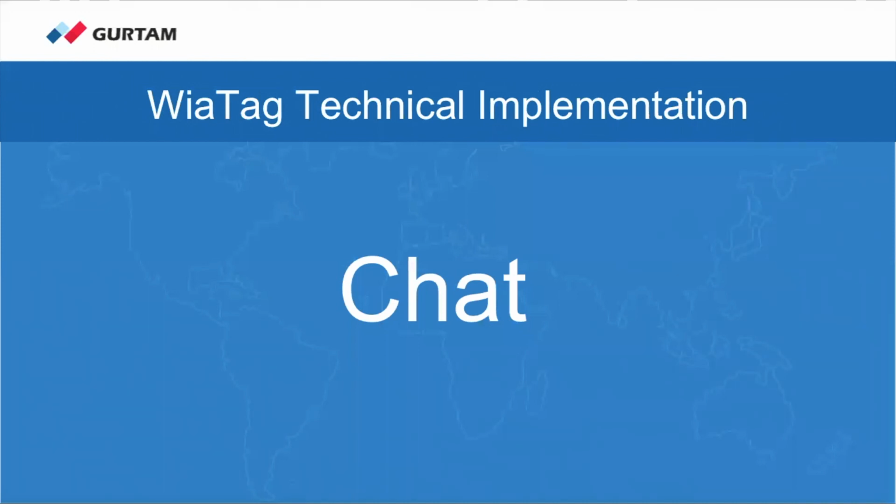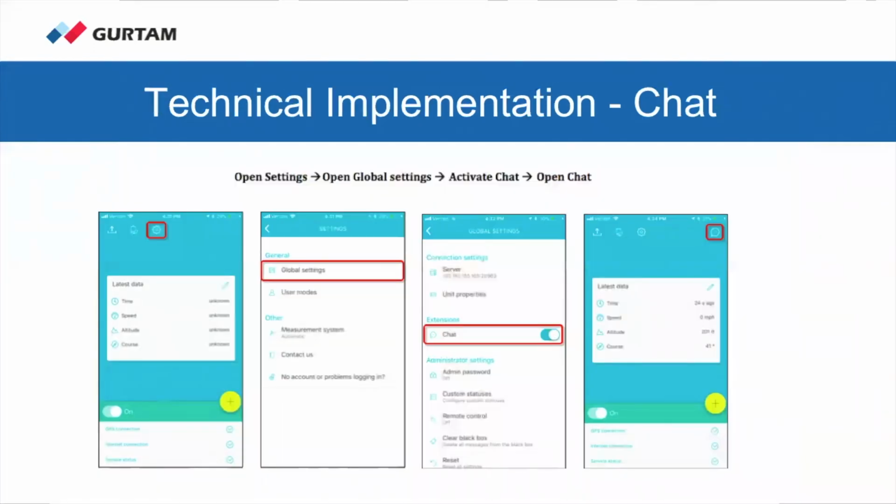And it's time right now to make sure you know what to do with the chat, how to activate it, and how to start using it. So let's go to our screenshots. Again, you're on the main page of WiaTag. You're sending the location. Now you're even sending the battery, but you can't chat with your dispatcher. Actions to be done: you go to the settings button on the top panel.